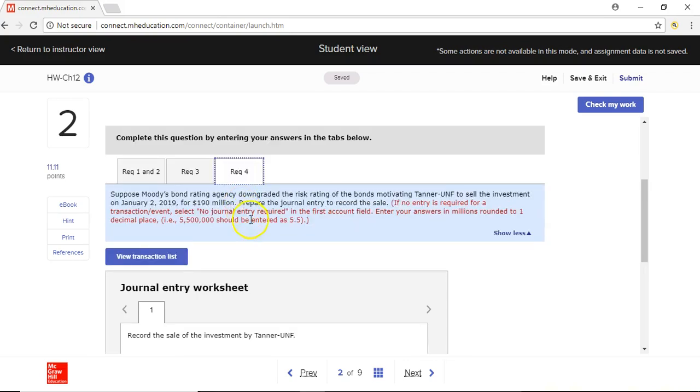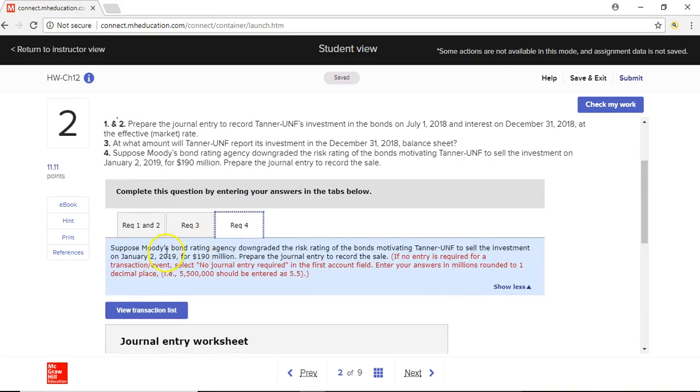Requirement 4 says, suppose Moody's bond rating agency downgraded the risk rating of the bonds, motivating Tanner to sell the investment on January 2nd, 2019 for $190 million. Prepare the journal entry to record the sale.